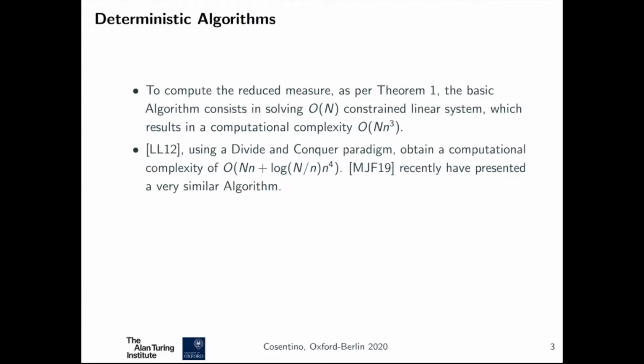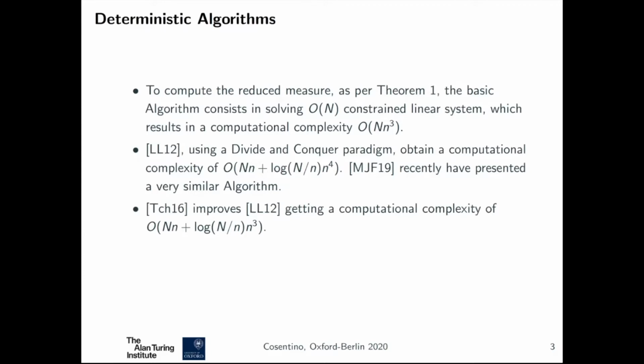That's why we have the logarithmic factor in the number of points. They used it for the cubature on Wiener space, but then Maalouf, in 2019, presented a similar algorithm for a different application.